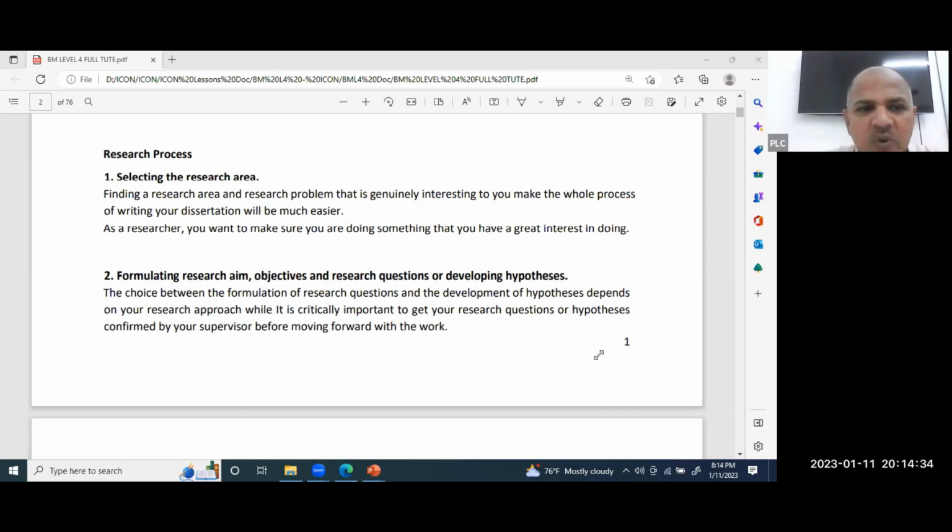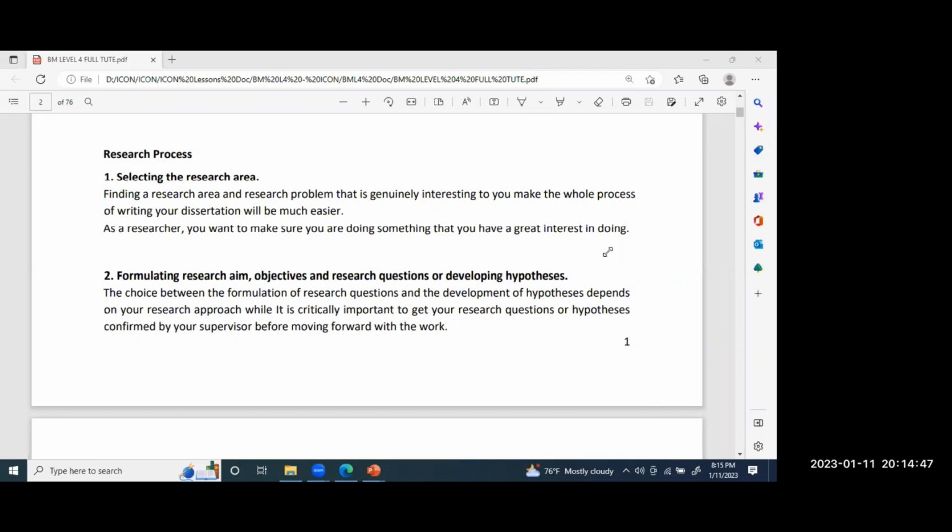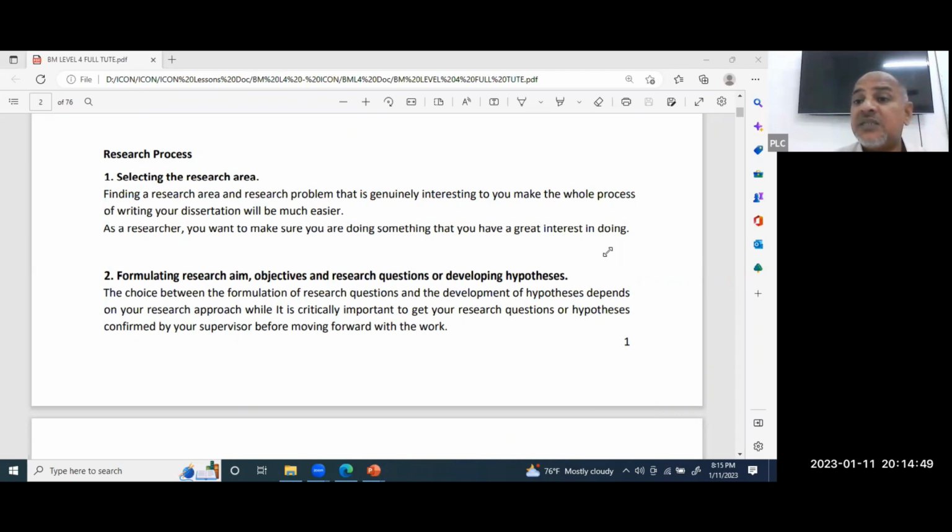Okay, so this is important. Select the research area. In what area are you going to do research? You cannot do the whole area. In business, I'm going to do business research. Can you do business research in all areas at a time? No. So you have to choose in which area you are interested.